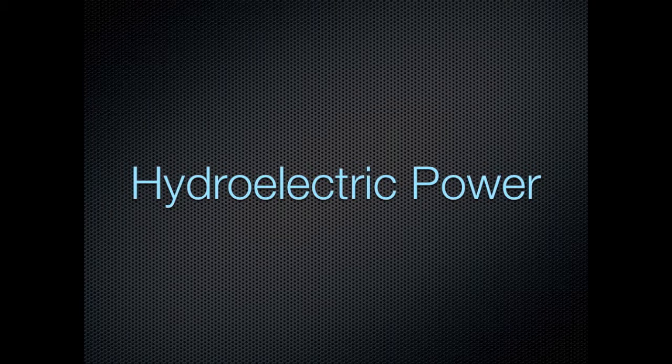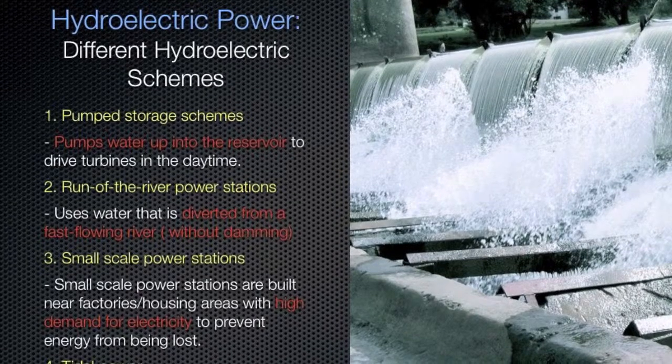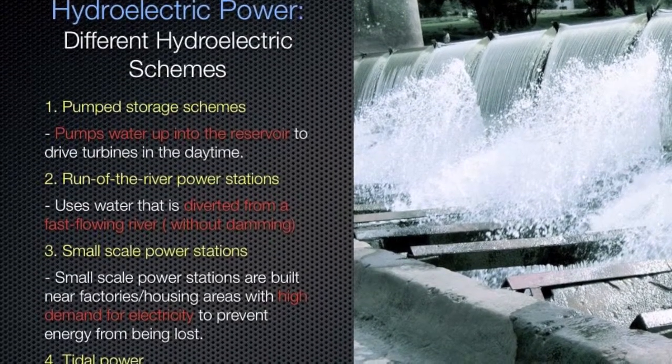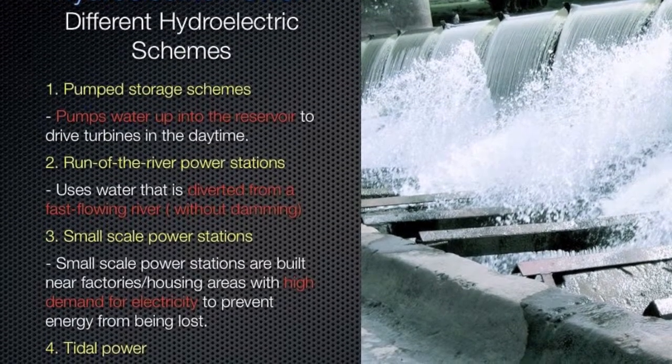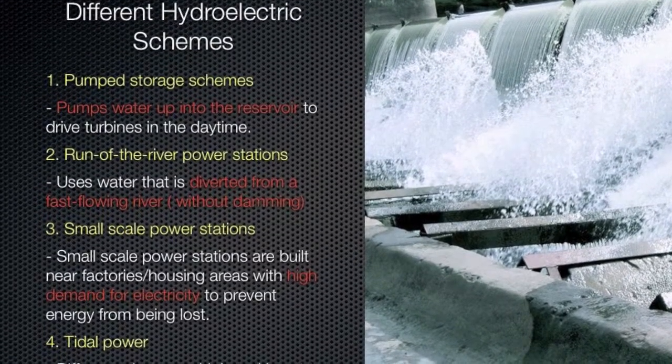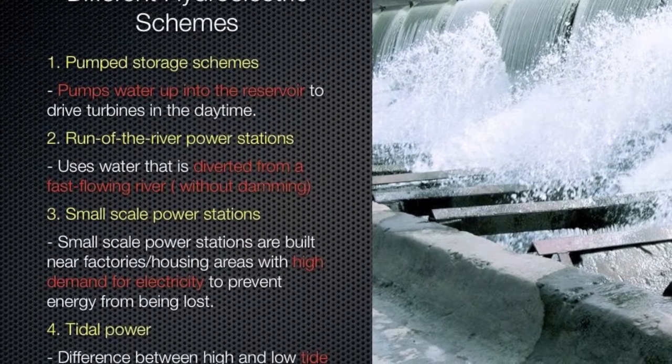Before we go into the technicalities of how hydropower is generated, let's take a look at the different hydroelectric schemes in the world. We have the pump storage schemes, which pump water up into a reservoir and drive the turbines during the daytime. There is also the run-of-the-river power stations that generate electricity from water directed from fast-flowing rivers.